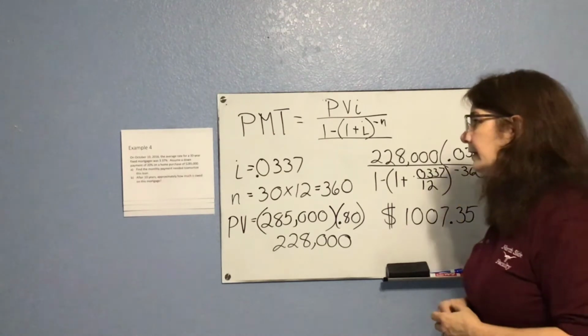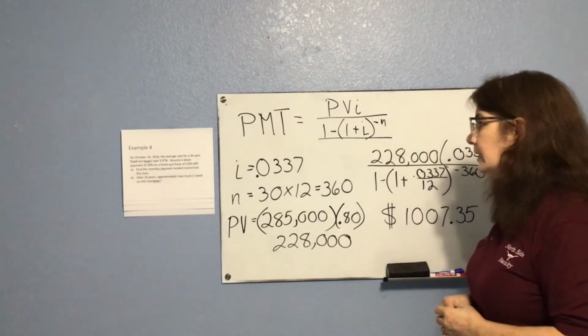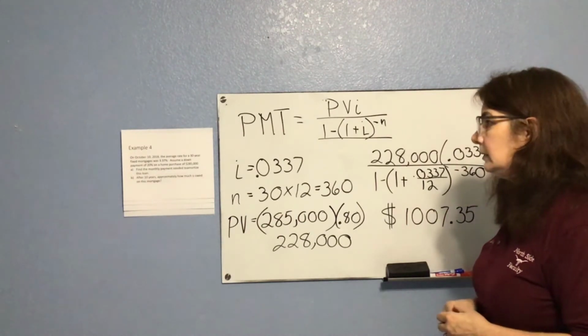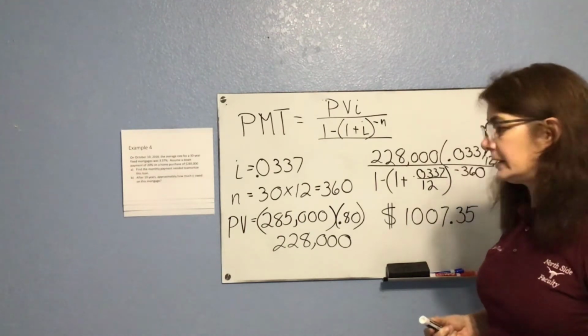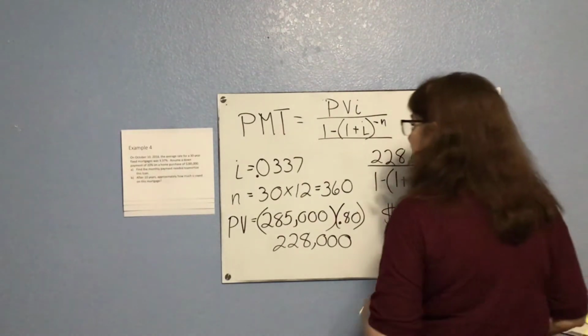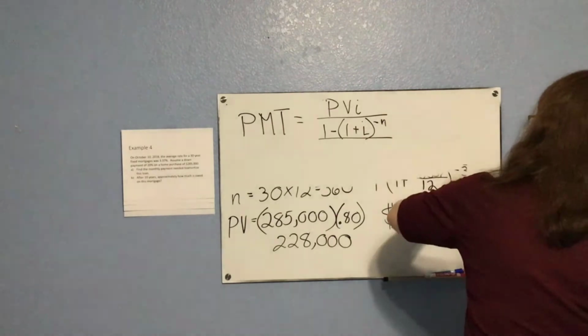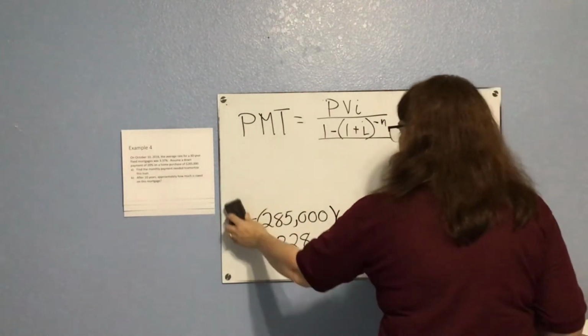Now, we want to find out, after 10 years, approximately how much is still owed on this mortgage. Okay, so we've made payments for 10 years. How much have we actually paid off? So we're going to start all over with present value.